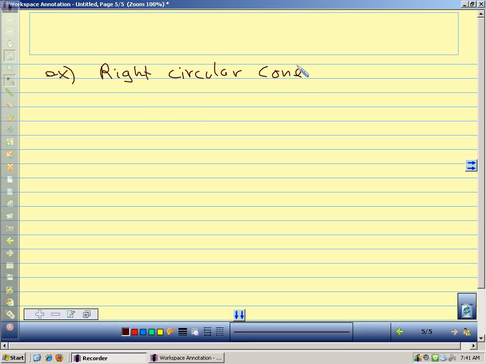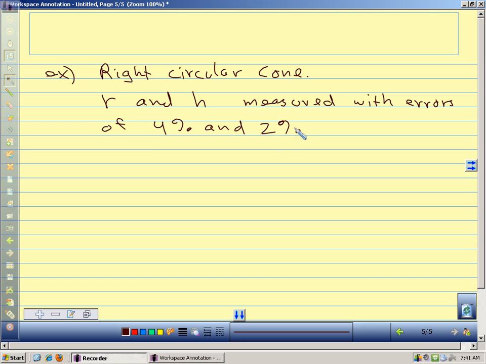Our radius and our height are measured with possible errors of 4% and 2%. We want to approximate the possible error in the volume.